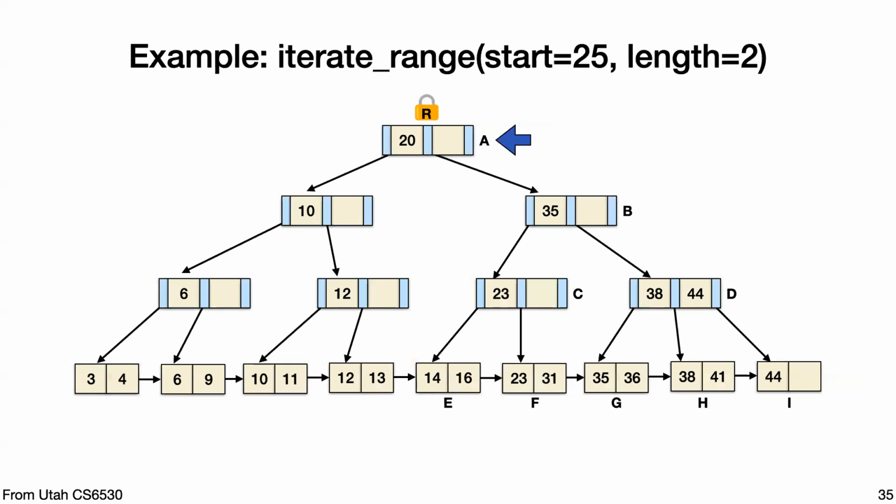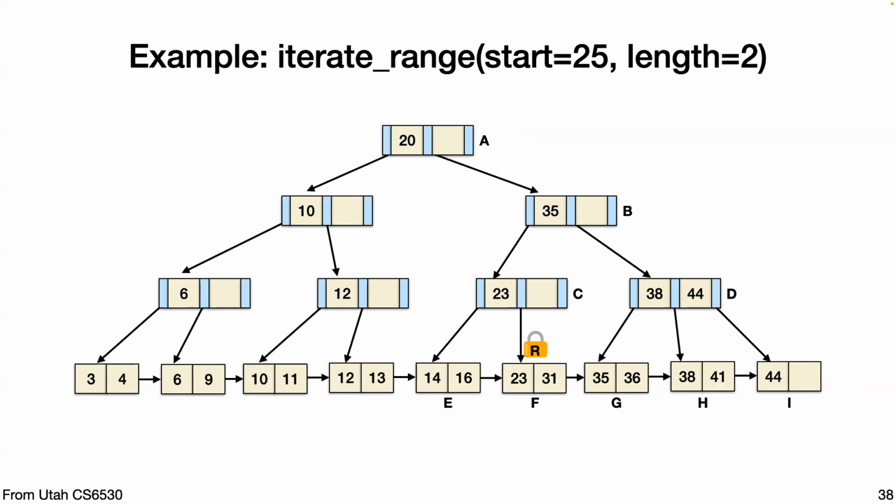I think this is the same example that I gave a long time ago, but I'll do it again. Suppose that you have this iterate range. You start at key 25 and you want to iterate 2 elements. You take the read lock at the top. You keep going down to the correct place. Read locks all the way down.